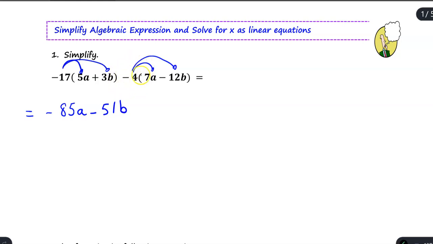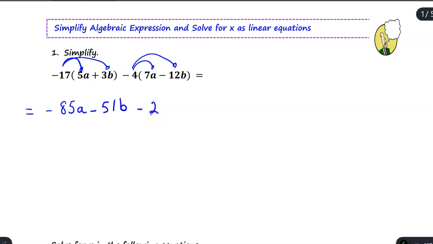Next is negative 4, so I multiply negative 4 with the term 7a inside the bracket, and I should have negative 28a. Okay, be very careful right here. The negative multiplied with a negative 12 will give me a positive answer, so it will be positive 48ab.